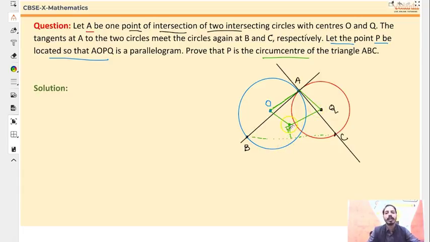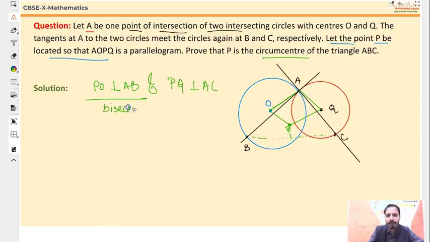So if we can prove that PO is the perpendicular bisector of AB, that means this side of the triangle, and if I can prove that PQ is the perpendicular bisector of AC, that means this side, and both of them meet at P, then of course the third one also will pass through this point. So we just need to prove that these are perpendicular bisectors.